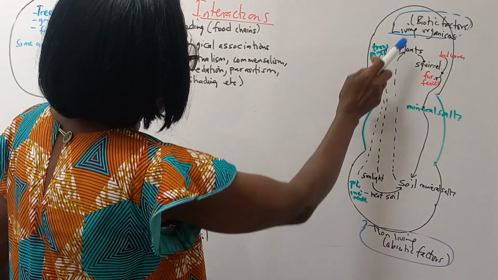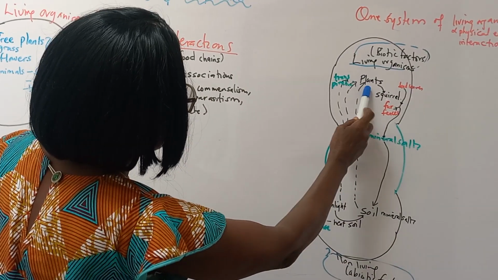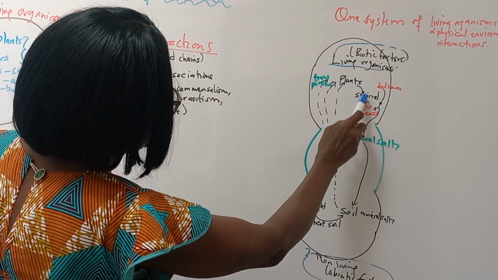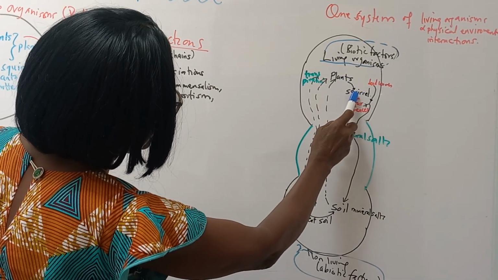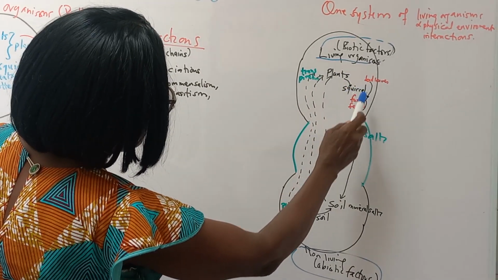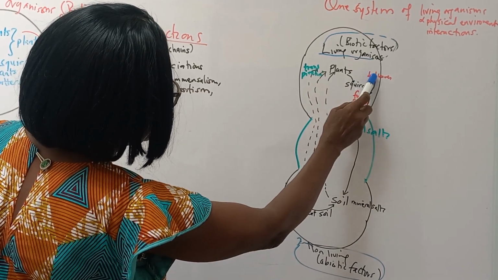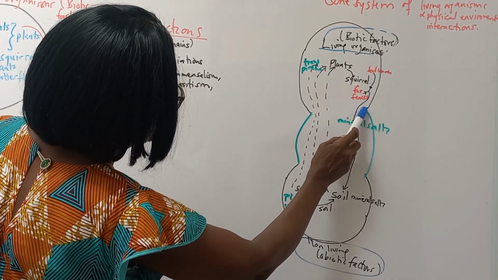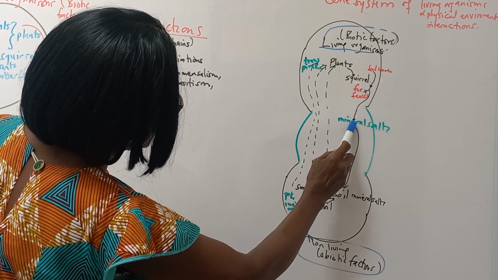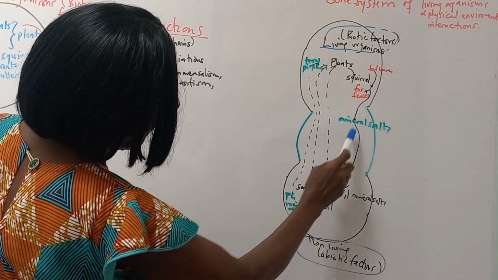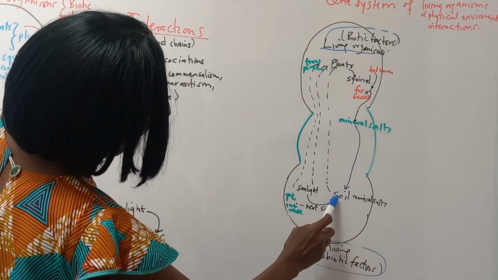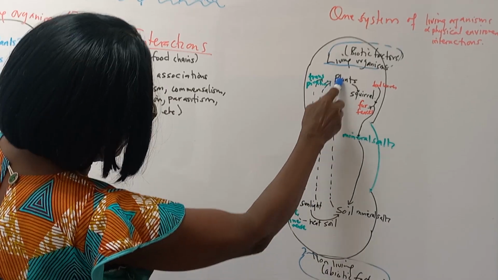So we see here the biotic factors. If you have a plant like this, there will be interaction between the living things, the plant and the squirrel will take some food, and then feces of the squirrel, fur, dead leaves, they will decompose to form mineral salts, which is non-living, and the mineral salts will finally get back to the plants.